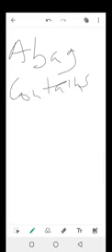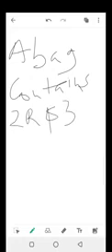Let us discuss number 3 of one of the assignments that I did send to you. A bag contains 2 red balls and 3 green balls.